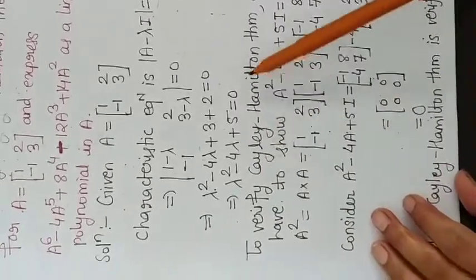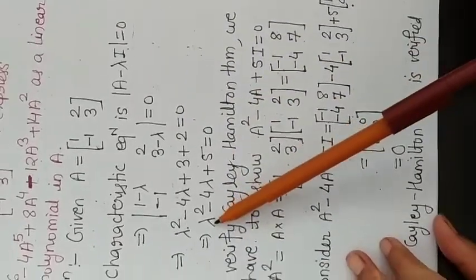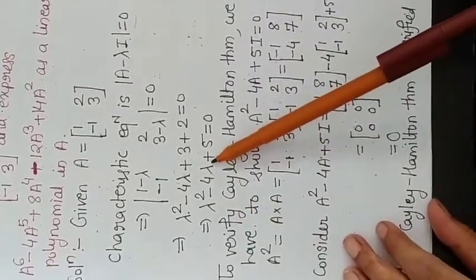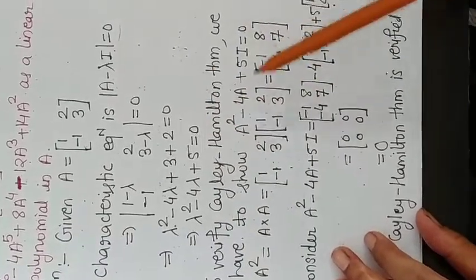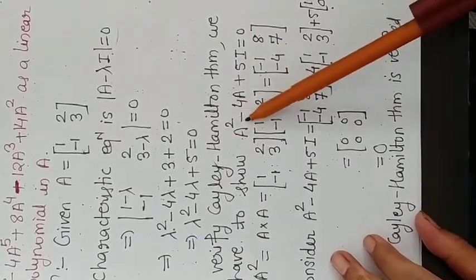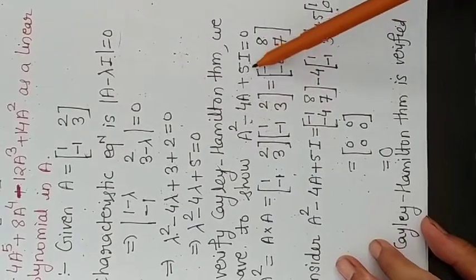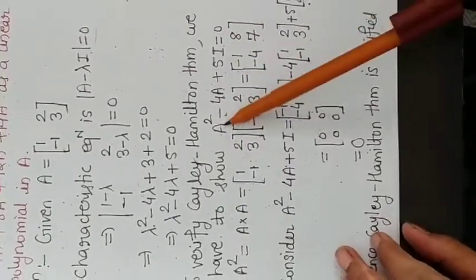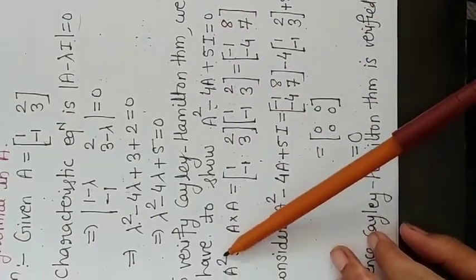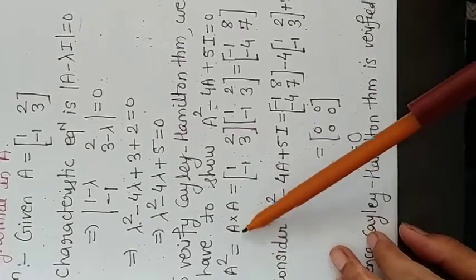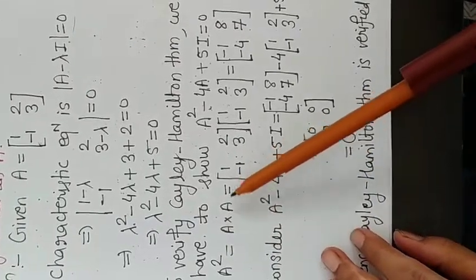Now to verify this, we have to show that on replacing lambda by A, we get 0, that is, to show A square minus 4A plus 5I is equal to 0. For this, we will need A square. So A square is A into A. Now substitute A.